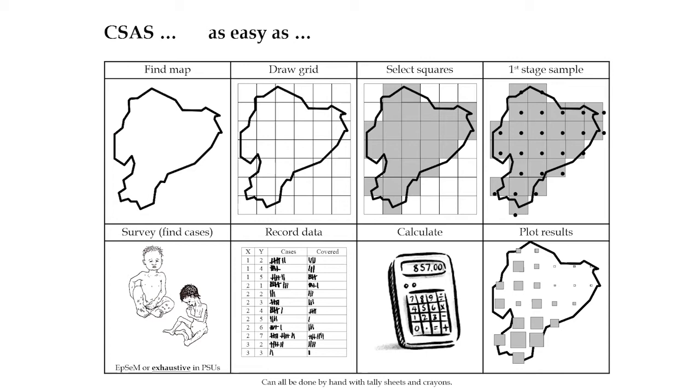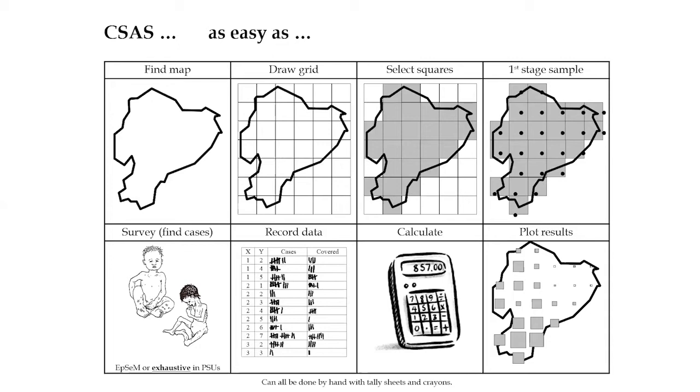We select the squares that we're going to take a sample from, and in this case we're using squares in which more than 50% of the area is inside the mapped area we want to be surveying, and then we take the first stage sample.